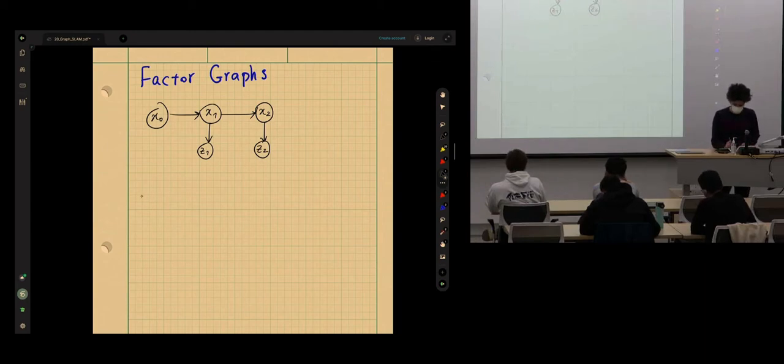A factor graph is a graph that has two types of nodes. Factors are shown by usually black squares or circles. They're connected to the second type of nodes, which are variables.